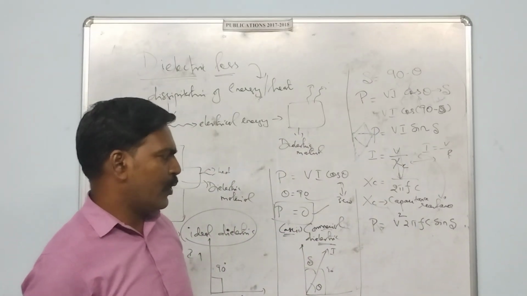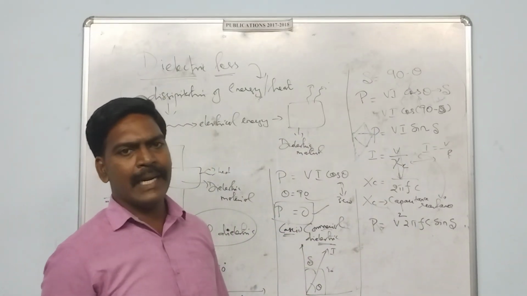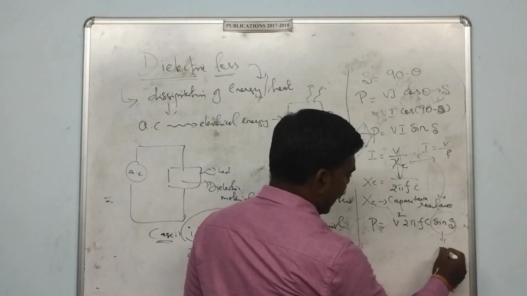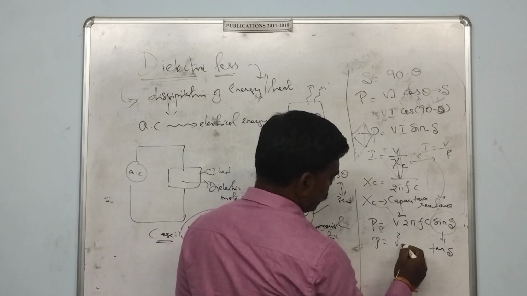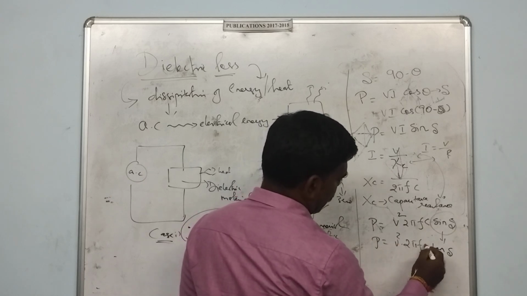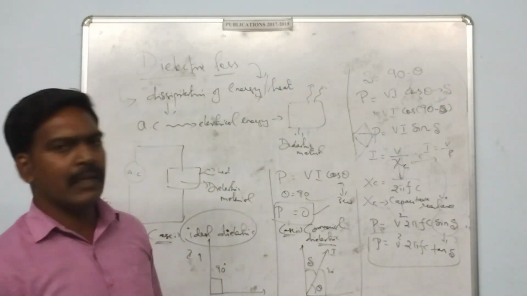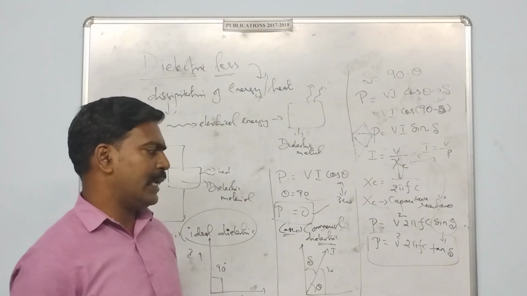One more condition we are going to apply. When the phase angle is very small, we take sin del as tan del. So P equals V square 2 pi Fc tan del. This is our final power loss answer for the commercial dielectric material.